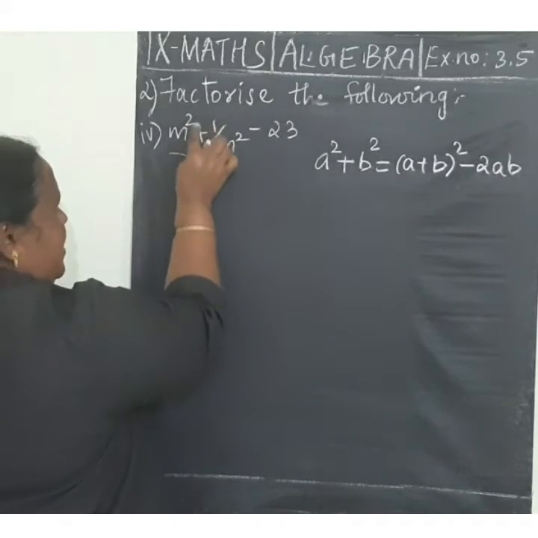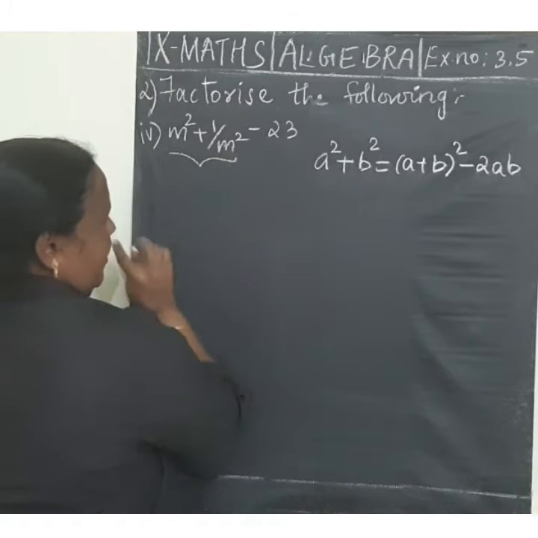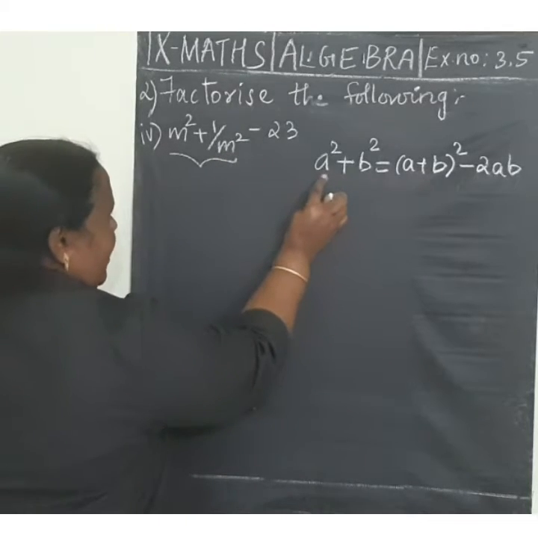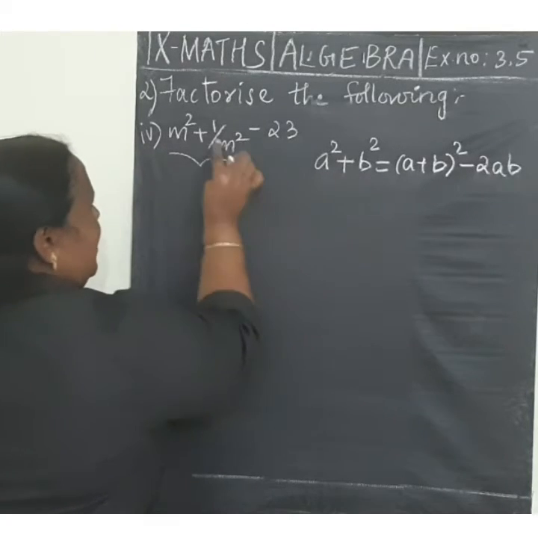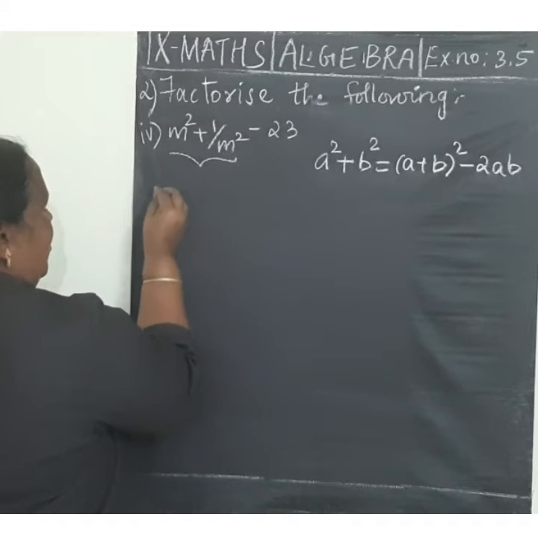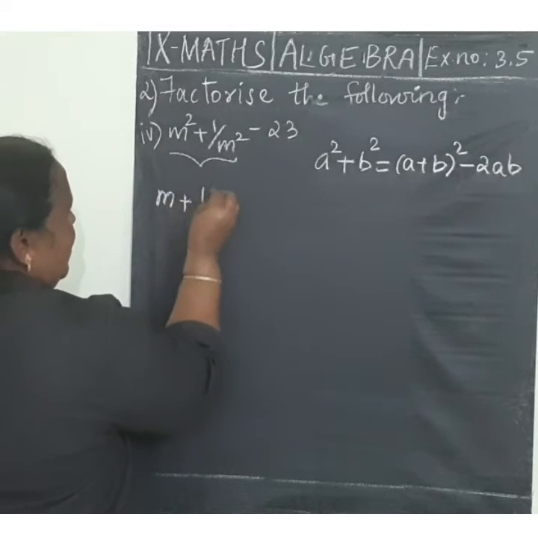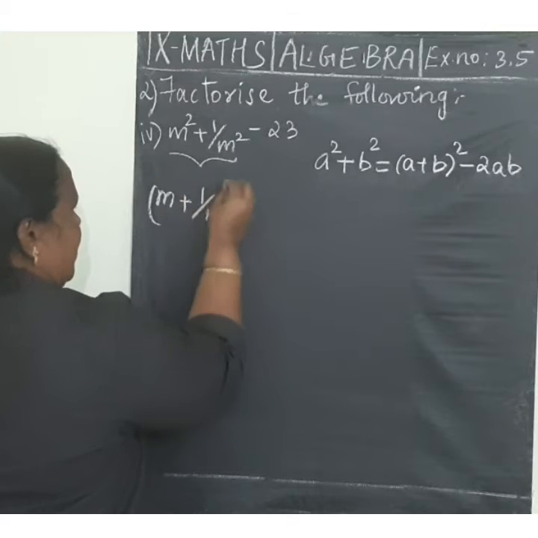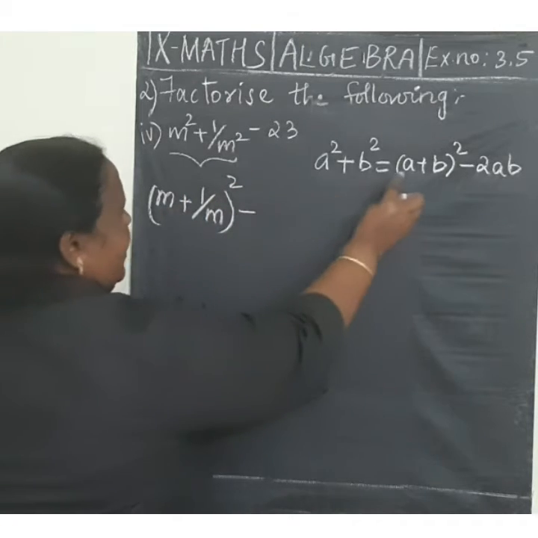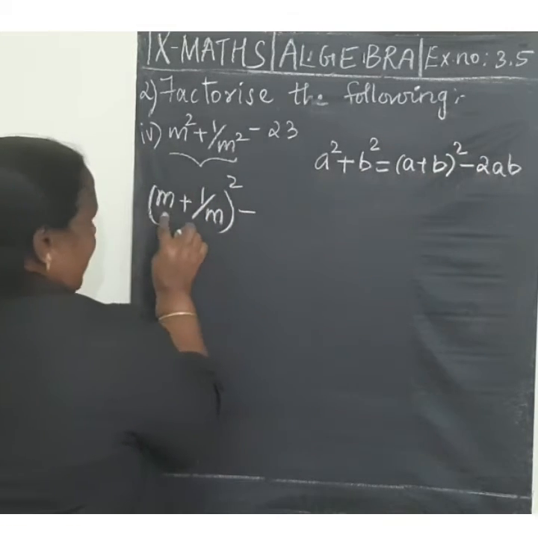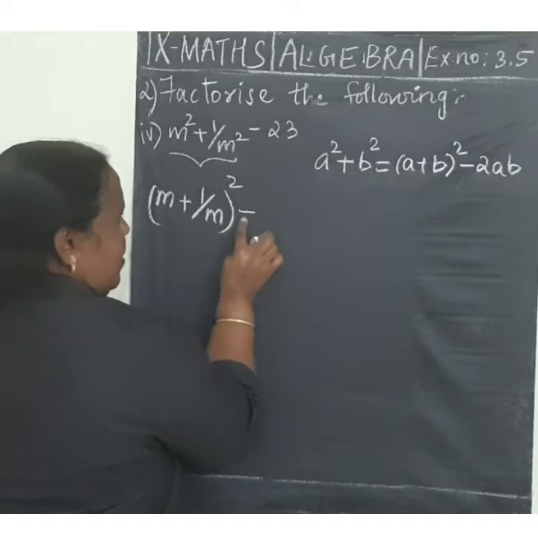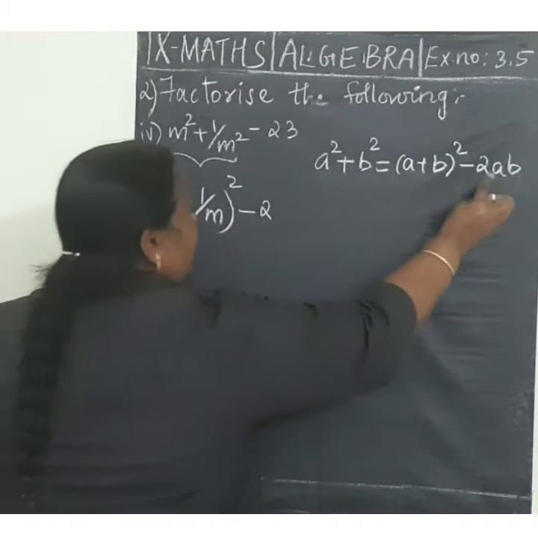This is m plus 1 by m squared, so here our a is m, b is 1 by m. So m plus 1 by m the whole square minus 2 into ab.